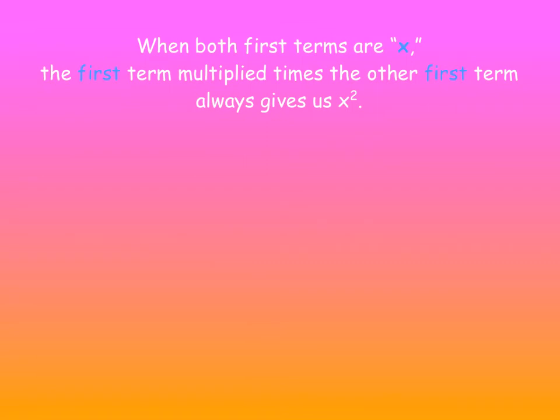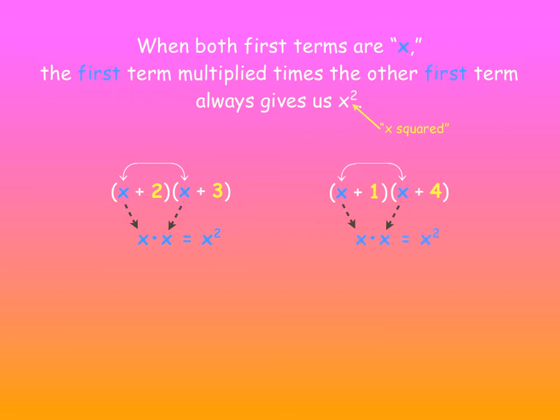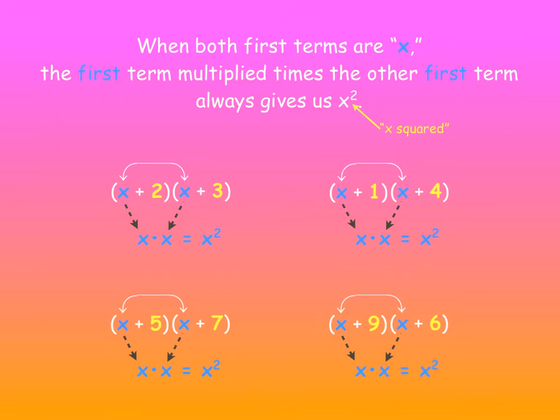When both first terms are x, as in this example, the first term multiplied times the other first term always gives us x squared. X times x, x squared. Here's another example showing the same thing. We keep getting x squared when we multiply the first times the first.